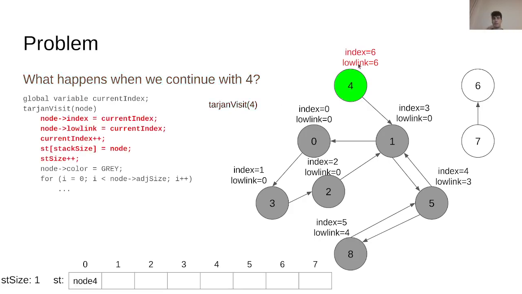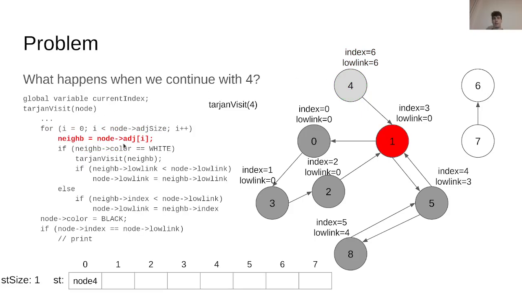So let's see. We put index and lowlink 6 as we should. Make it gray. And then we look at the neighbor, and we check if the neighbor has already been visited. So if the neighbor is white, we visit it.